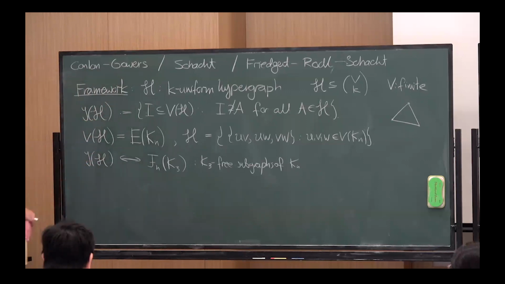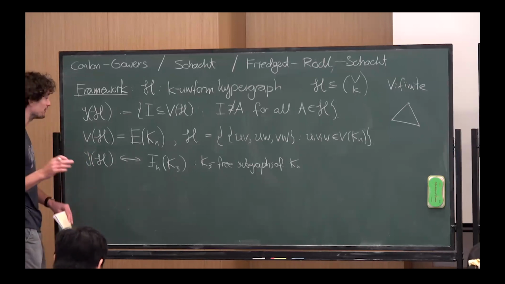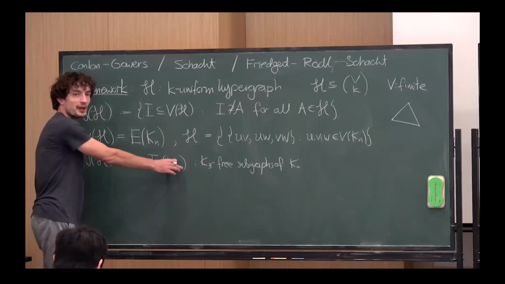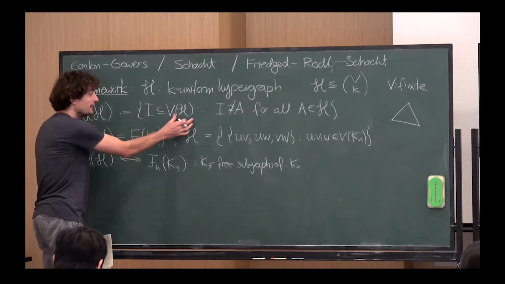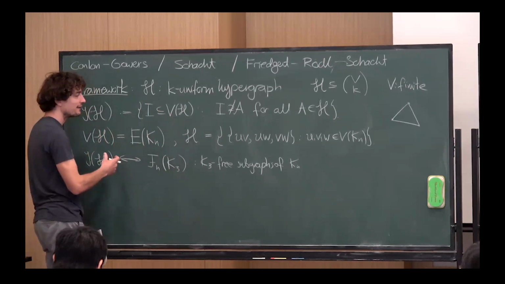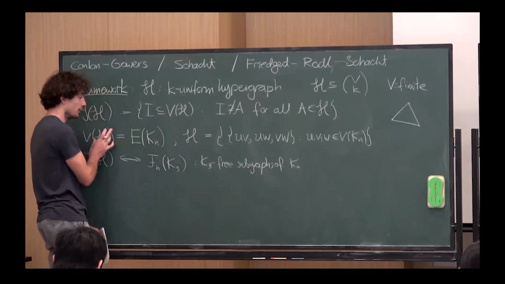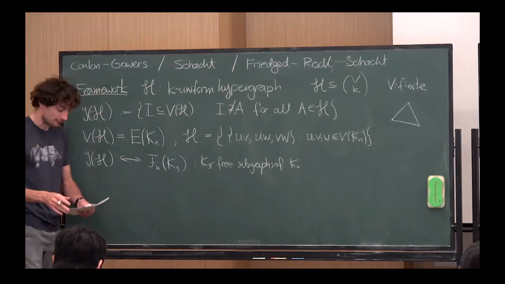So why is it useful? Well, it's useful because, instead of proving a container type theorem for each graph separately, one can prove a container theorem for independent sets in hypergraphs under some kind of abstract conditions, and then just apply it to these various cases of interest by just verifying some assumptions on the hypergraph.